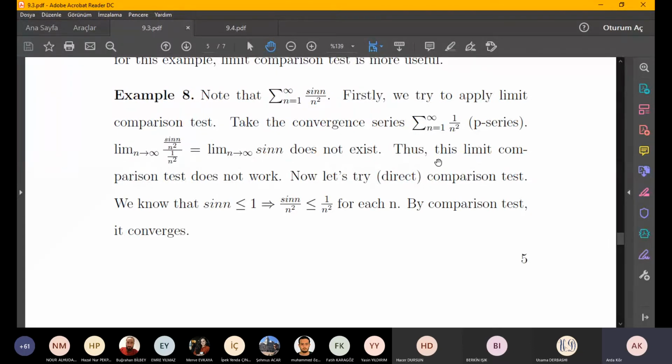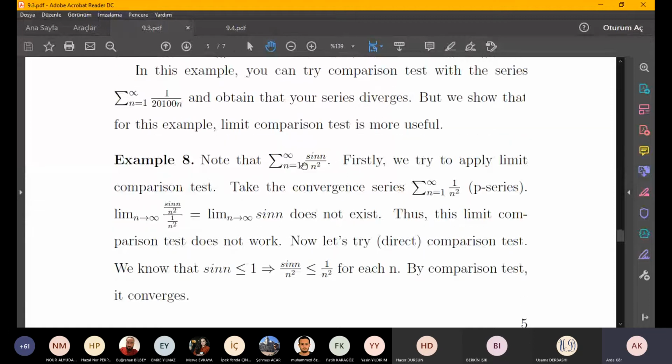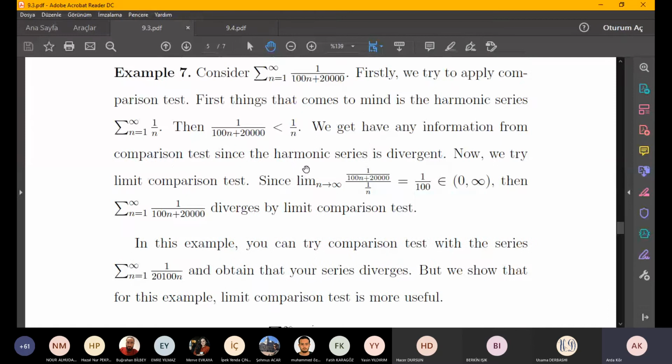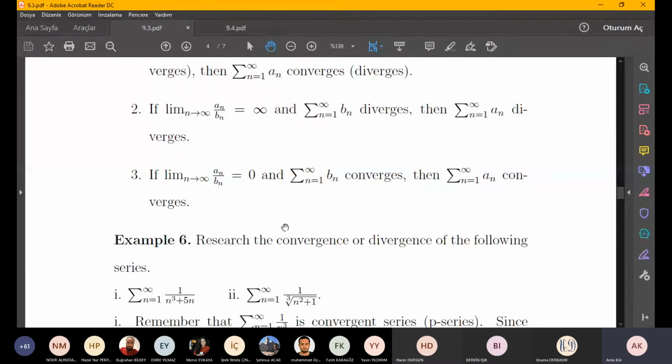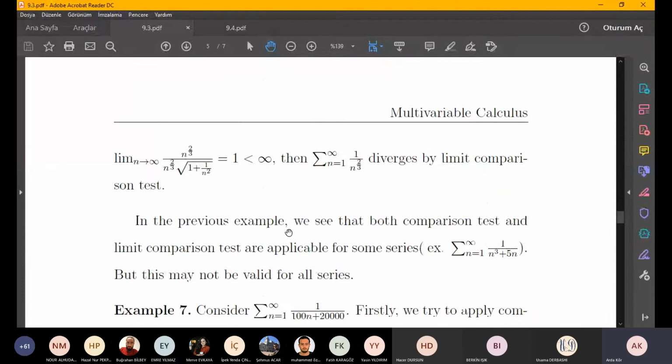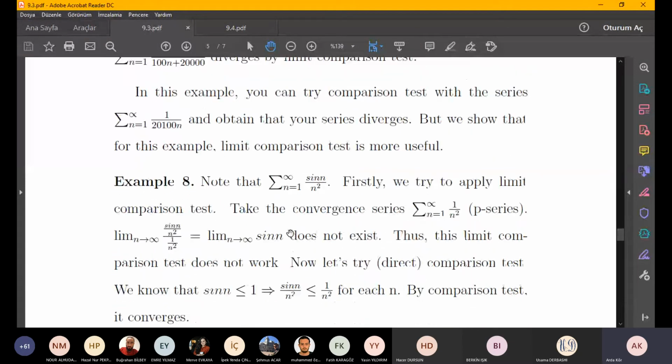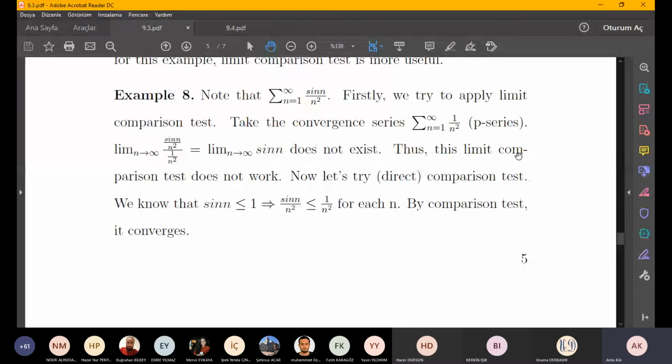So from here you cannot have any conclusion for the limit comparison test, because in that test you need to find that the limit is a finite number or infinity, or it was, I guess, 1, no? Let me see again. Sorry, 0. When it is 0. So you have those three cases. And here you don't have a limit, so you cannot apply the limit comparison test.